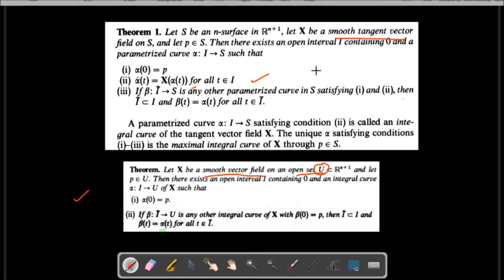Whatever vector field we are constructing should have a connection with this smooth tangent vector field. Then only you can prove this theorem. So these two things we will establish first, then we will use the previous theorem to prove the present theorem. Okay, so let us see how to do it.